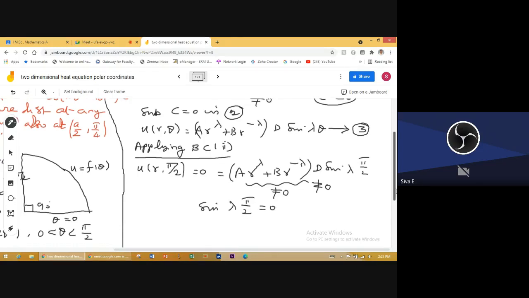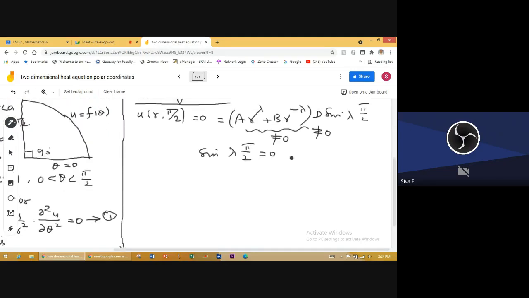So what is the next step here? We have to equate it to sin n pi. So lambda pi by 2 equal to n pi. Pi gets cancelled. Lambda equal to 2n. What is n here? n is any integer.